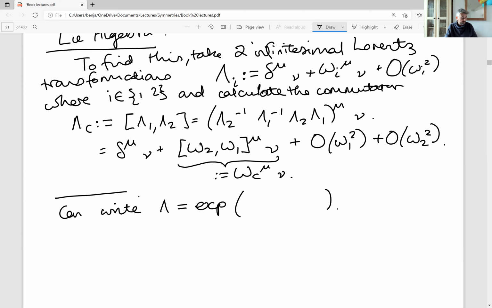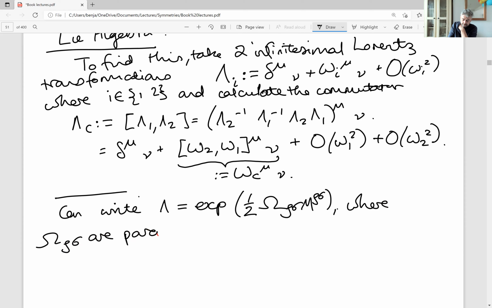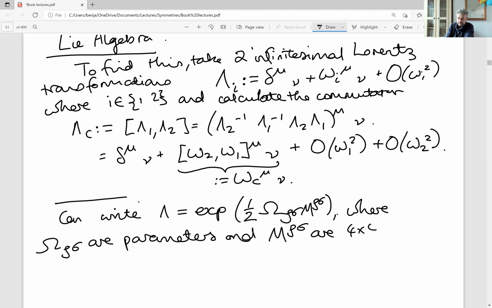This is the part connected to the identity. And I'm going to parameterize it in a particular way. It's going to be convenient to parameterize it like this. These are parameters, and M rho sigma are 4x4 matrices. So each component of this is a 4x4 matrix.